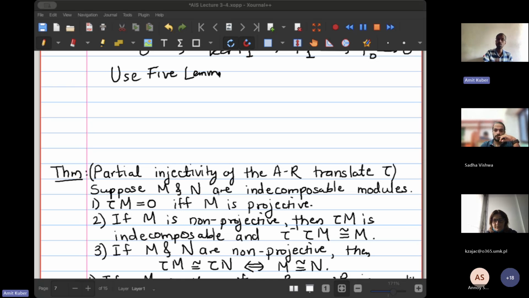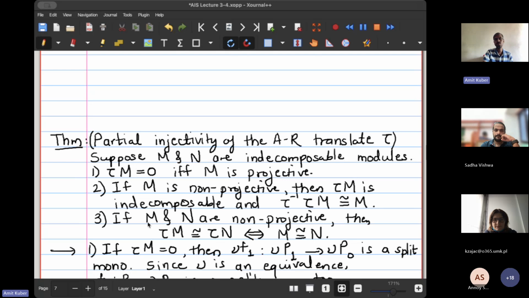So for all non-projective ones, you get tau inverse tau to be identity. And as a consequence, if M and N are both non-projective, then their translates are isomorphic if and only if they were isomorphic to begin with. How to obtain 3 from 2? Well, one side is obvious. For the reverse side, apply tau inverse and you will recover the right-hand side.